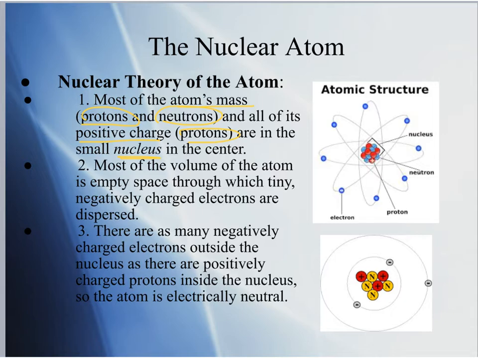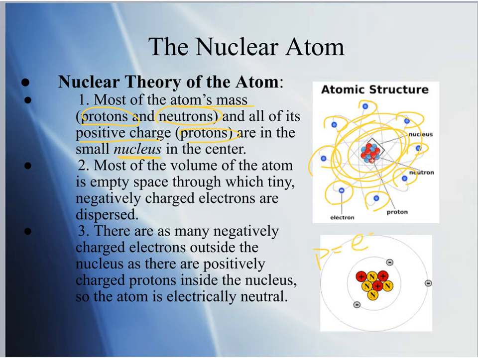And most of the volume of the atom is actually empty space around it, in which all of these electrons are moving. Remember, electrons are super tiny, and they have negative charge.